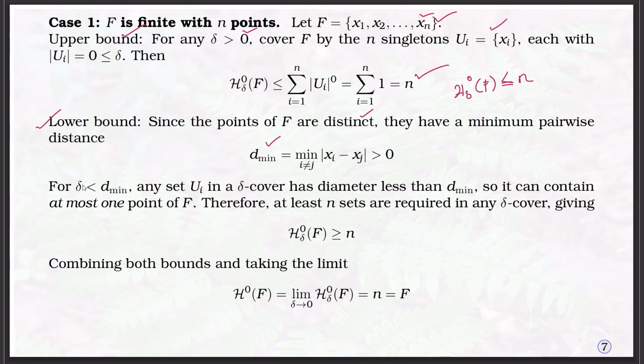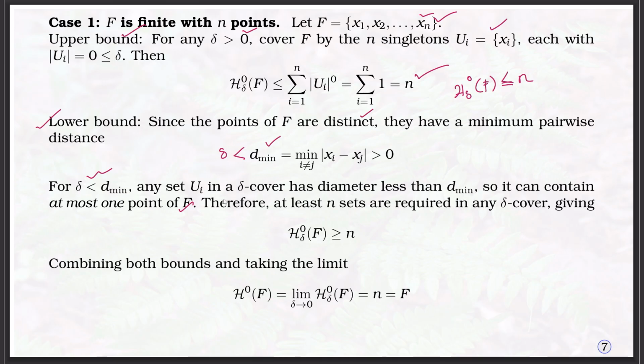Now choose deltas less than D minimum. So any set mu I in a delta cover has diameter less than D minimum, so it can contain at most one point of F. The distance between any pair of elements is at least D minimum, and we are choosing delta less than this quantity.